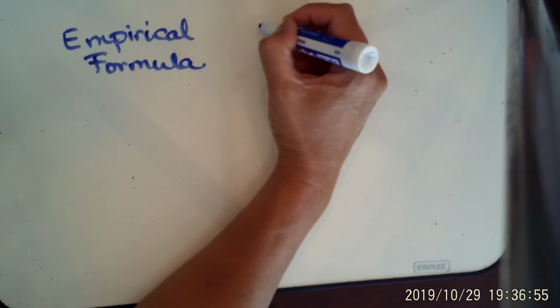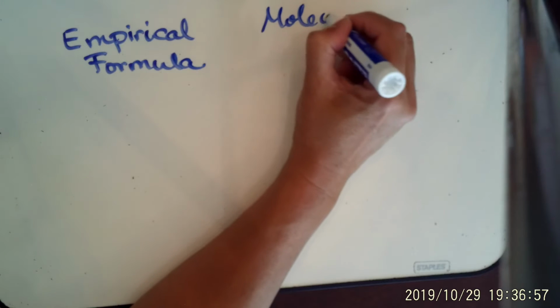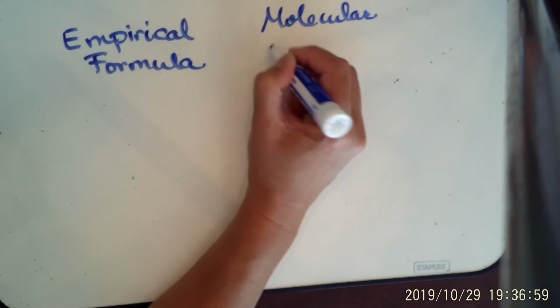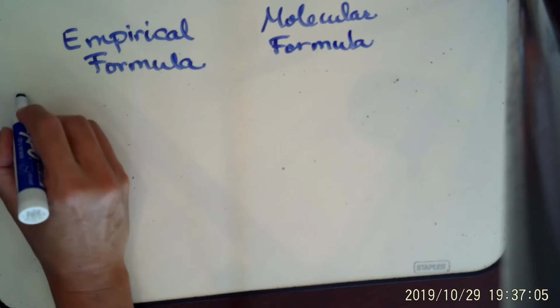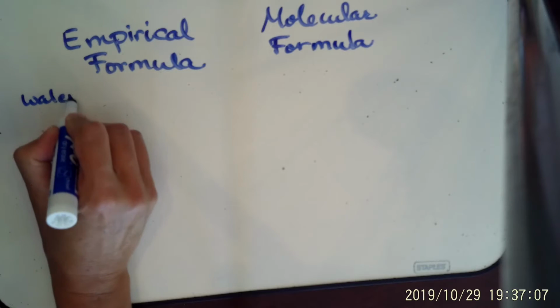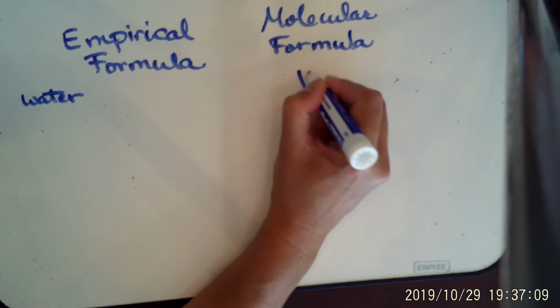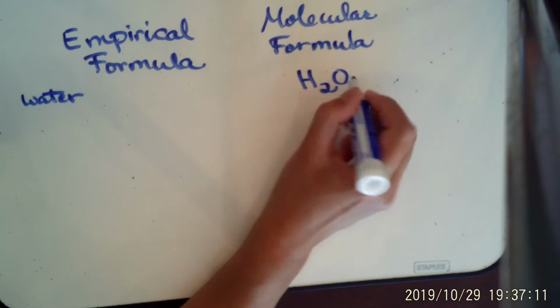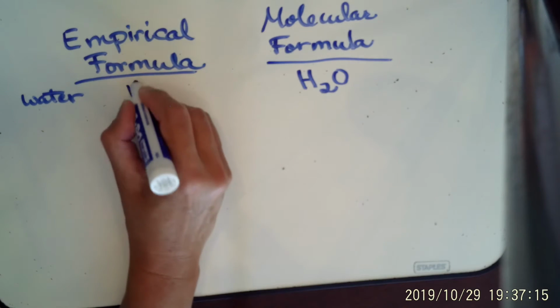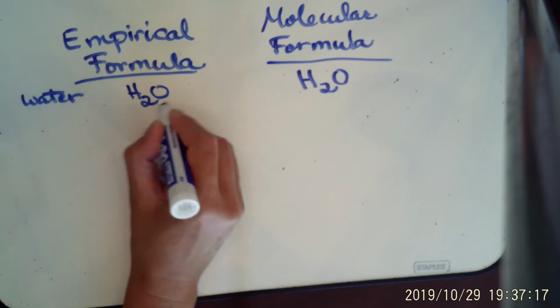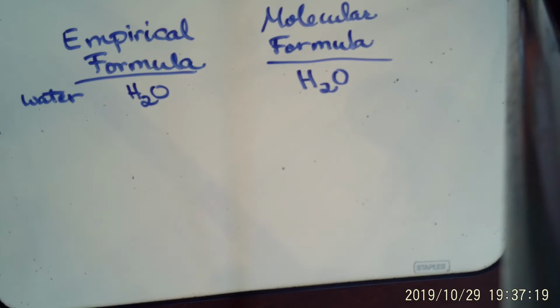On the right-hand column, I'll have the molecular formula. The first substance we're going to look at is water. If we look at water, the molecular formula is H2O, but that's also the empirical formula. That's the simplest ratio in this molecule.